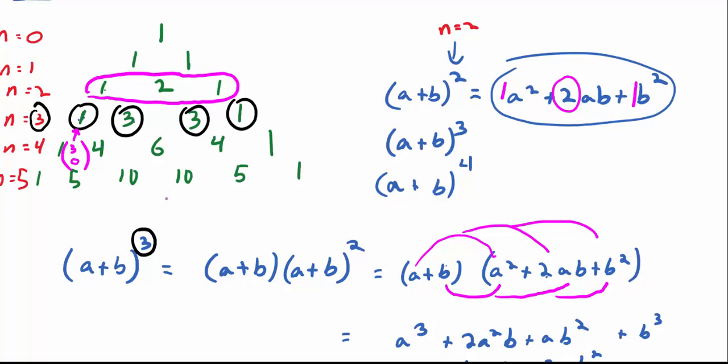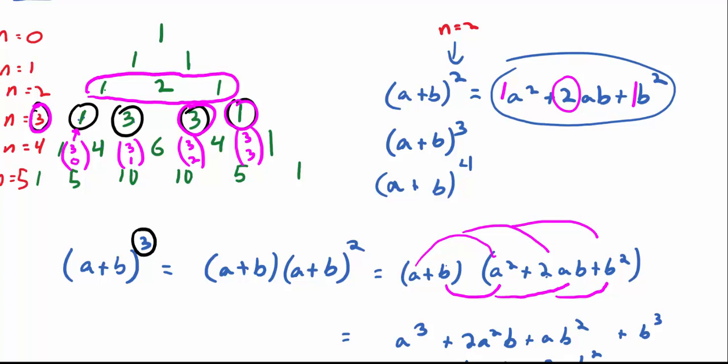Okay? And then this 3 right here, the 3 comes from the n. Choose 1. And this 3 right here, we call it 3, choose 2. And this 1 right here, we call it 3, choose 3.